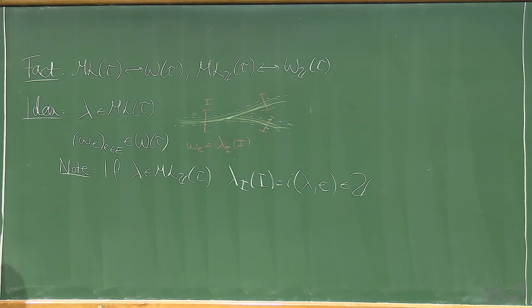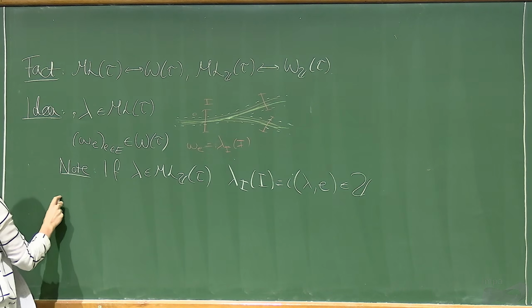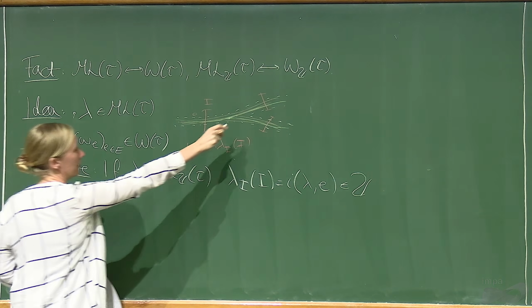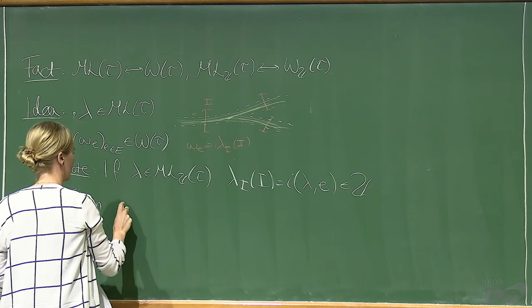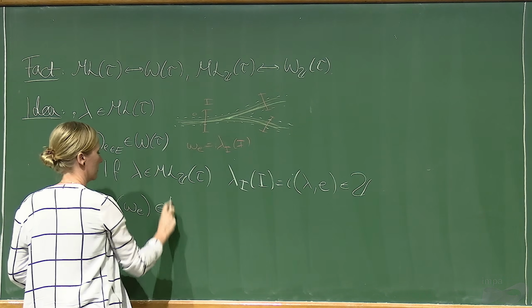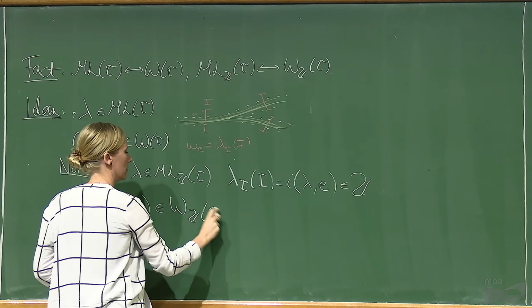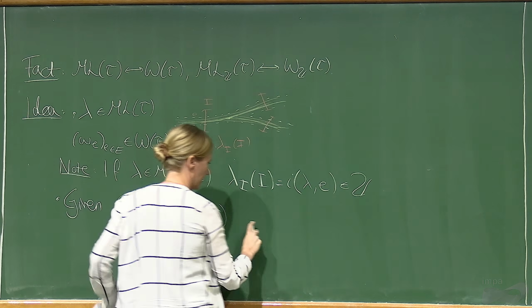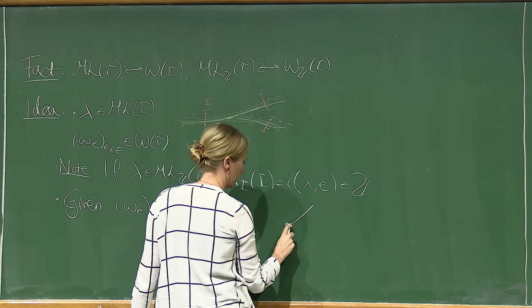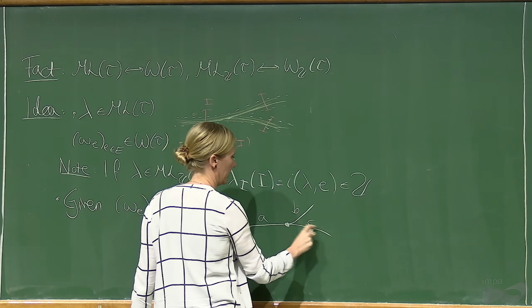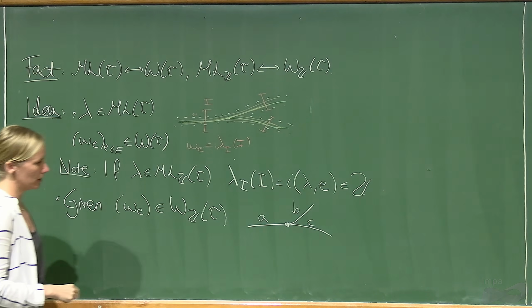Going the other way, given a solution to the switch equations, let's first suppose we're given an integer solution W_E, where they're all integers. If I look at one vertex, we have A, B, C, where A, B, and C are all integers.